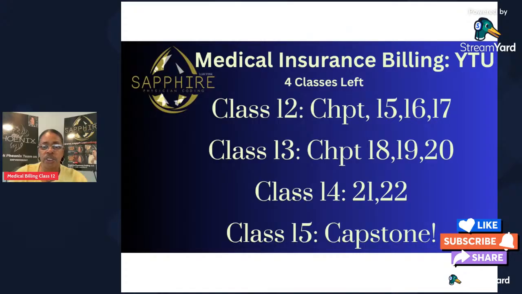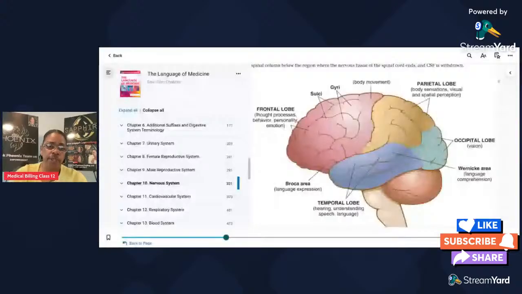But again, we just looked in the Language of Medicine book. And like I said, that's the book that we are looking at, and a list of the books is down below. When we get to doing the medical terminology, let me see if I can show you guys this. This is what we're going to be doing, and you probably will have exercises as well.